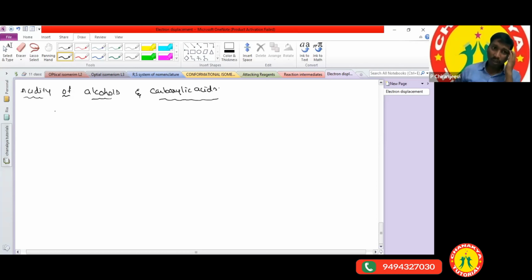Now let us see, in both cases, how we can explain the acidity of alcohols and carboxylic acids with respect to the inductive effect, point number one. The inductive effect explains the acidity of aliphatic alcohols and carboxylic acids.